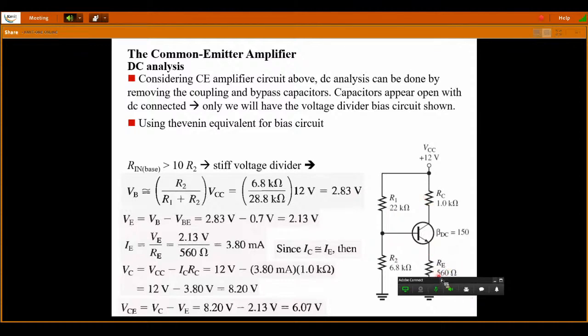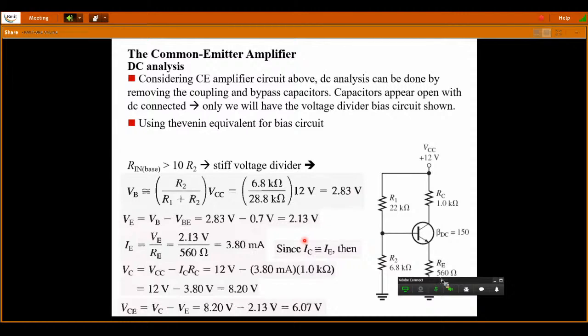The bypass capacitor at the emitter is also replaced with an open circuit, and at the output terminal the coupling capacitor C2 is also open circuited. Now, with all coupling capacitors open and the AC signal grounded, we do the DC analysis. For this we have to use the Thevenin equivalent circuit at the base.